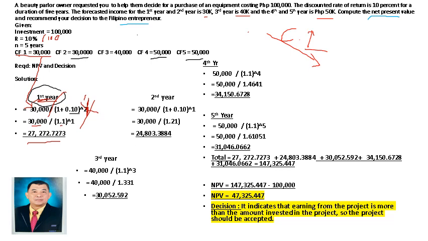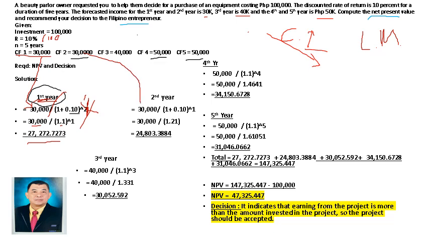Now, the next step is to compute. We are talking of the long method because there is a long and there is a short method for computing the net present value. But for this time, I'm talking about the long method of computation. To compute for the second year, you bring down 30,000.